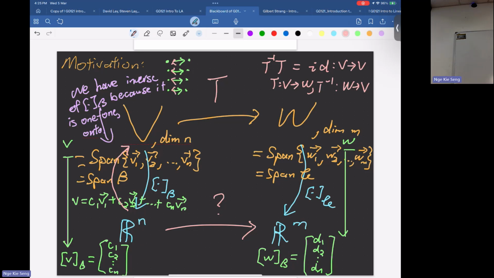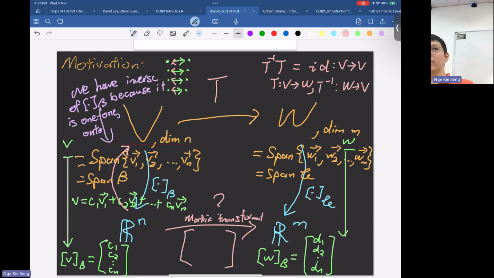But what's the special thing about here? Do you still remember, if this is a linear transformation between Rn and Rm, what is it? Actually, it is a matrix transformation here.